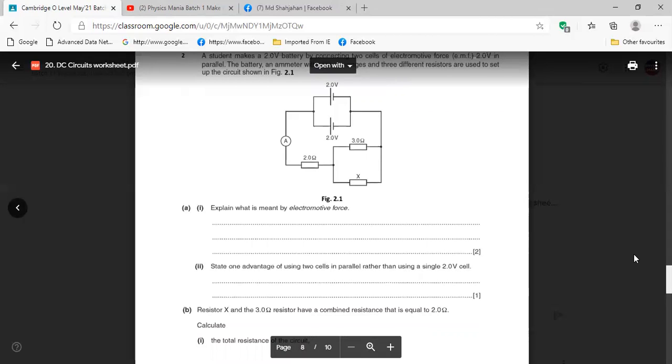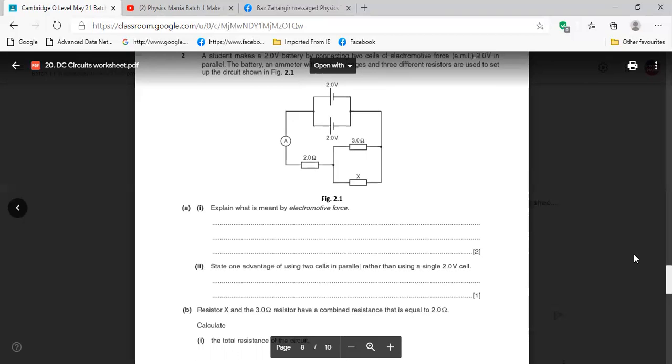Here the cells are in parallel. So does it work like resistors, like 1 by V plus 1 by V? So the total voltage is 1 volt? No, actually parallel is not like that. In series we add, but in parallel it will have the same voltage as a single cell.